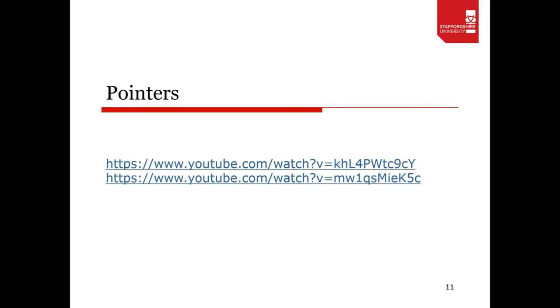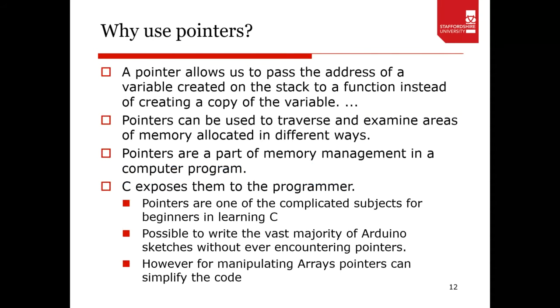Okay. So it's all in terms of saving processing power, space, improving speed, and improving performance. So rather than actually passing the variable backwards and forwards, we pass where it's stored.